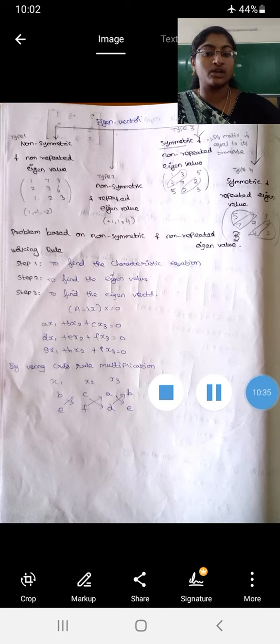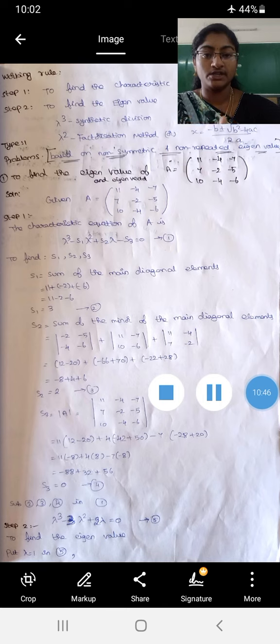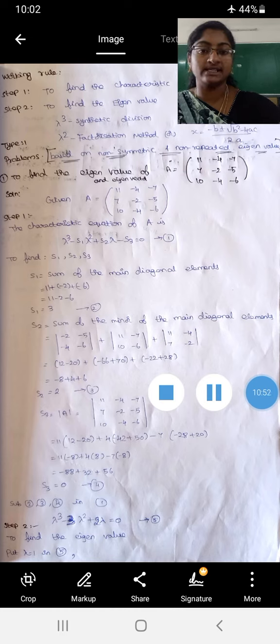Then by using the cross multiplication rule we find the values for each case. Now see the problems based on non-symmetric and non-repeated eigenvalues. To find the eigenvalues and eigenvectors of the matrix, there is a matrix given. So note that our rows and columns are not equal.